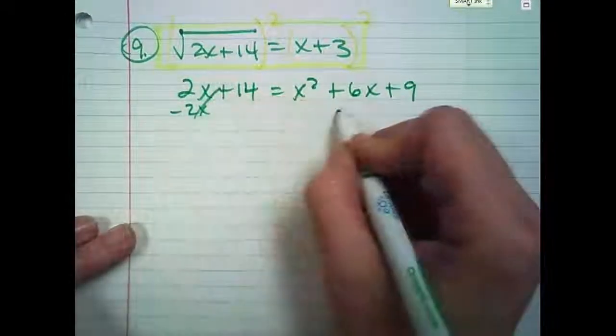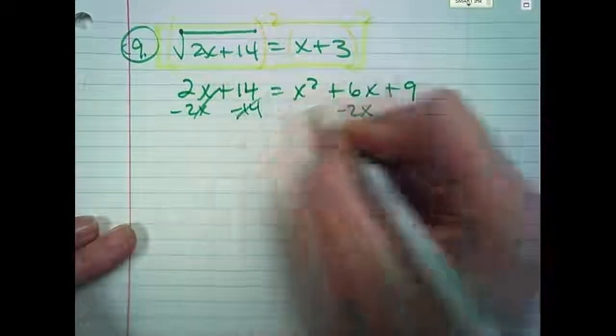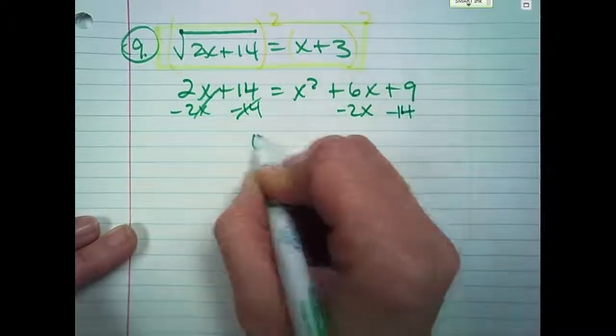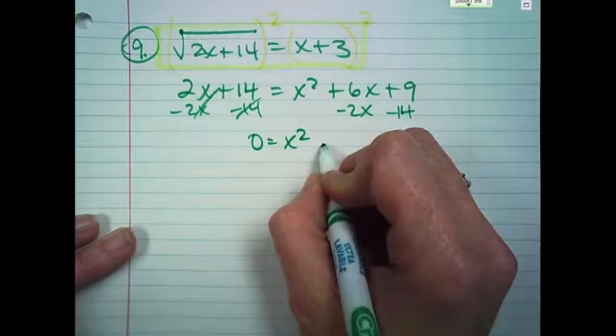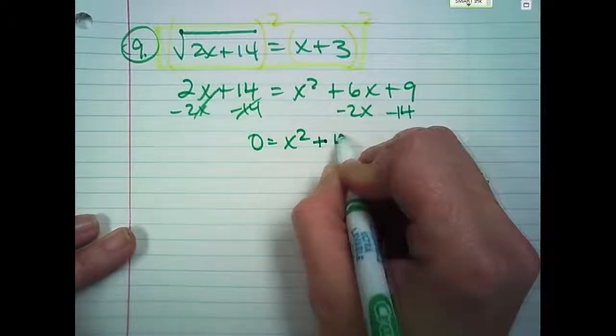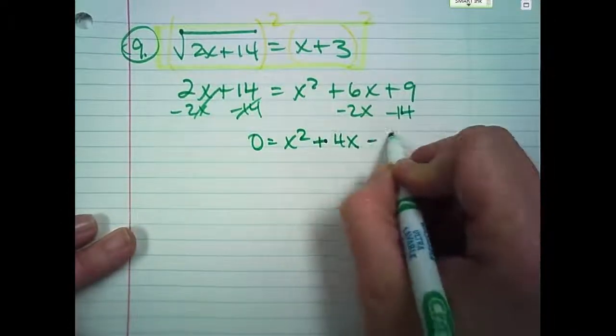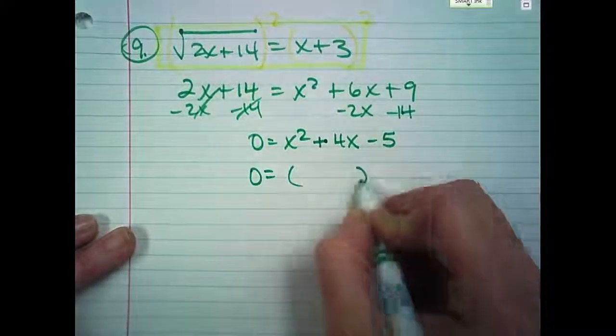Move these both over so that they can set it equal to 0. And then factor to solve.